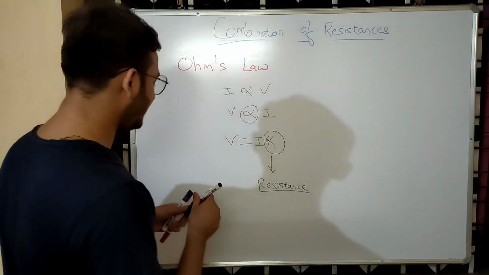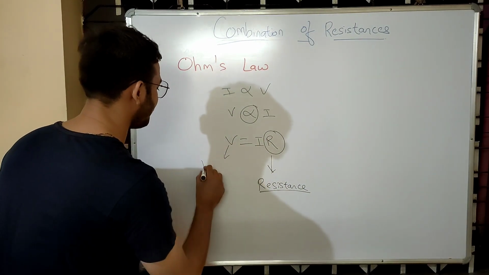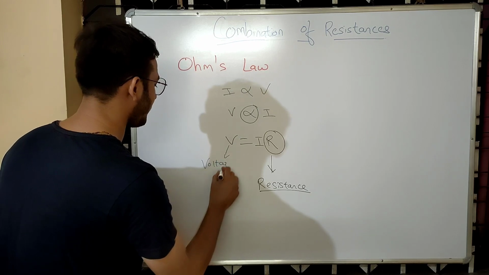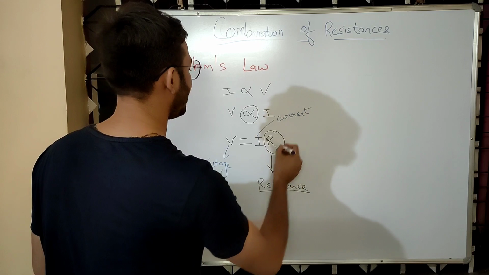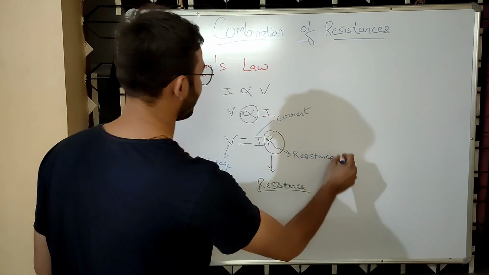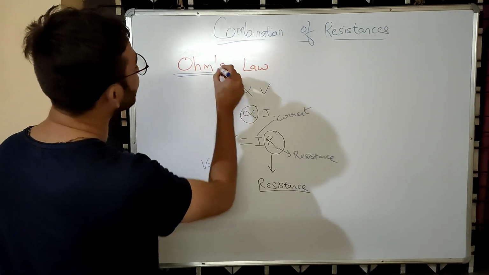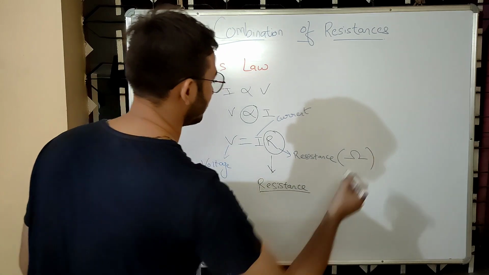So V is, you all know, potential difference or voltage. I is current and R is resistance. Unit of this resistance is in the name of the scientist who discovered it, that is Ohm.